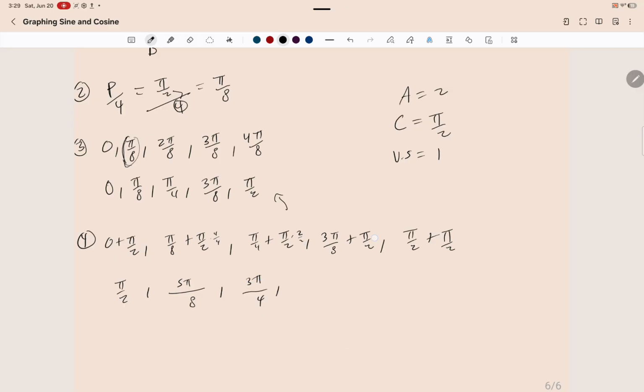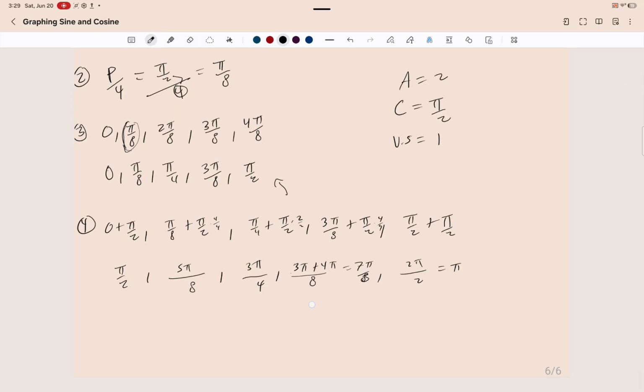And then for this one, I'm going to multiply by 4. So I get 3 pi plus 4 pi over 8, which is going to be what? 7 pi over 8. And then for this one, it's the same. So it's just going to be 2 pi over 2, which is just going to be what? Pi.